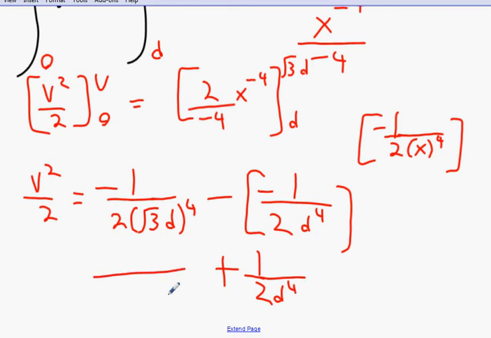It's definitely d4. But I'm looking at the root 3 and I'm looking at the power of 4. So that's going to be 9. 2 times 9 is 18, okay? So 1 over 18 d4 equals phi squared over 2.